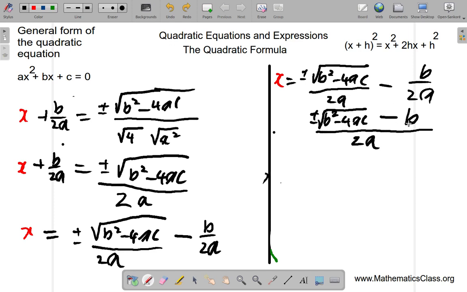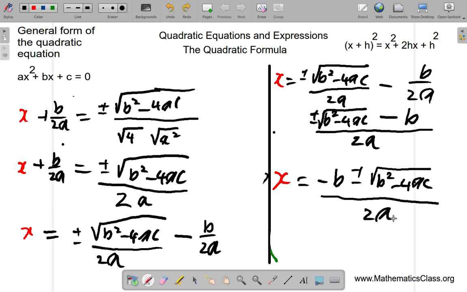Now, we can put the b in front and say that x equals minus b plus or minus the square root of b squared minus 4ac, all over 2a.